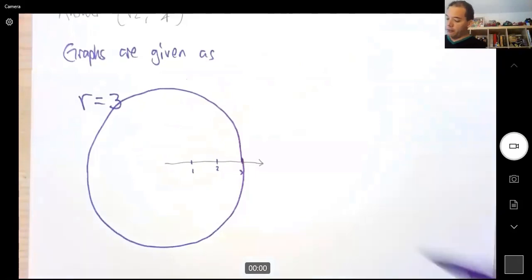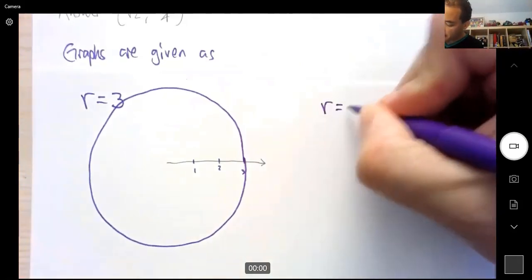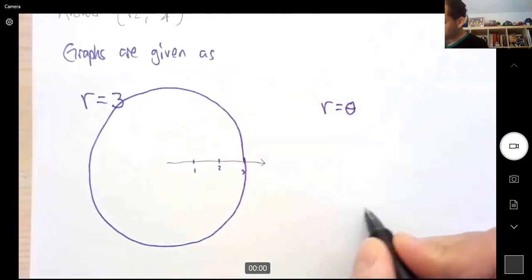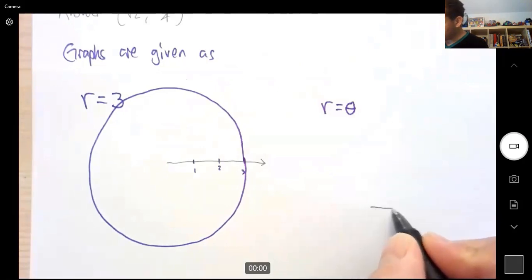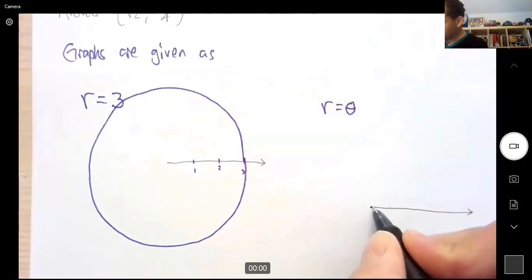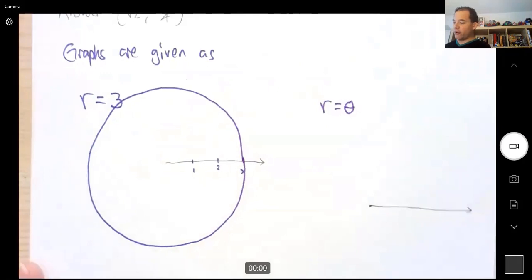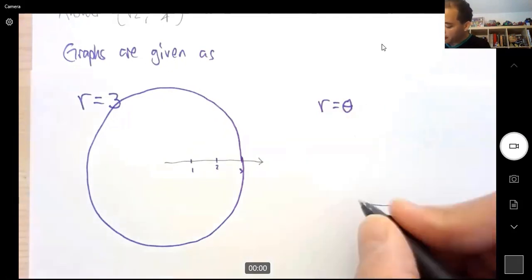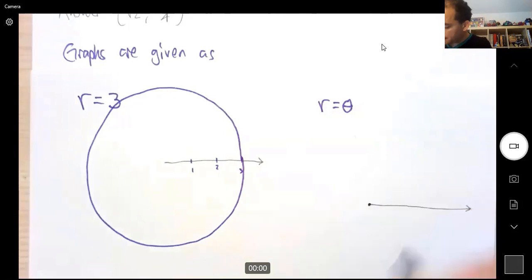Next easiest one would be this one. What if I make it R equals theta, right? How does that one look like? Let's try to draw it. So if I start at angle 0, the radius is 0. So at the beginning, I'm right here.